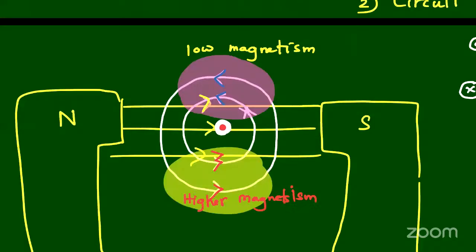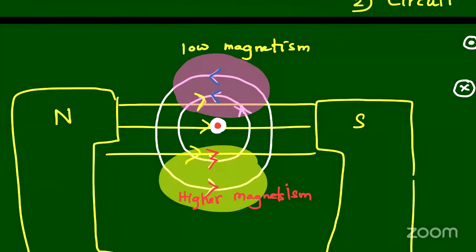So here you have a low magnetic power and here it is high magnetic power. The reason is here the magnetic field lines lie in the same direction and here they have opposite directions. Therefore, there's a force difference.